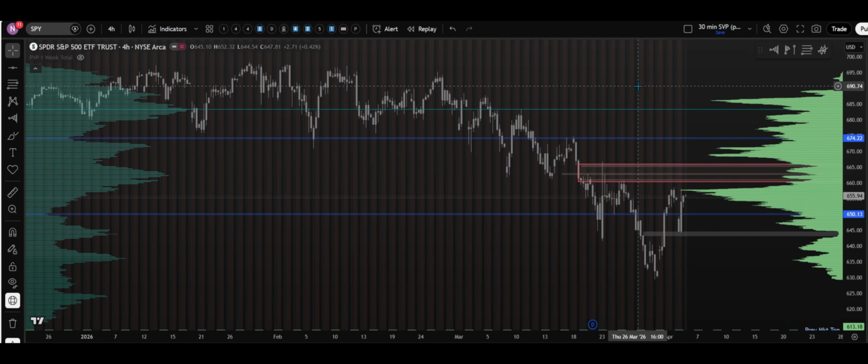But the most interesting ones, I think at least, are when a previous point of control, like this one, ends up being a low volume node on the other side. And you see this actually recurs quite a lot. For example, this point of control right here lines up with this low volume node over here. So what does that tell you?